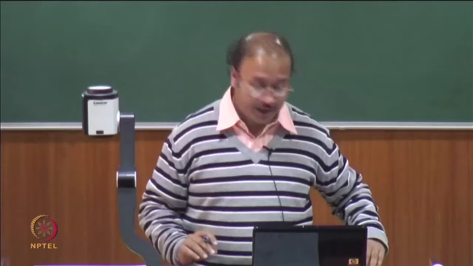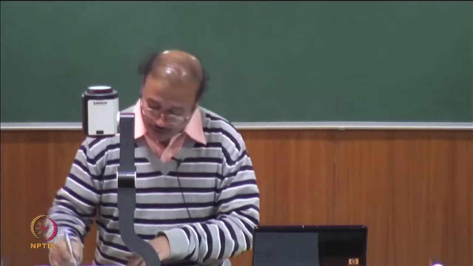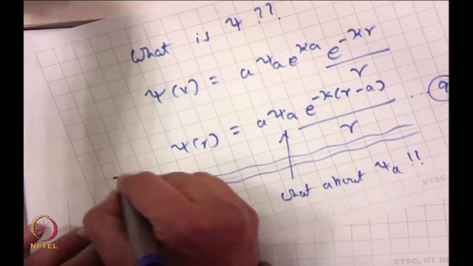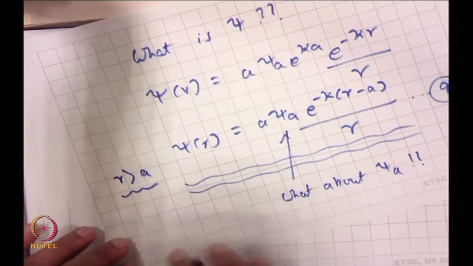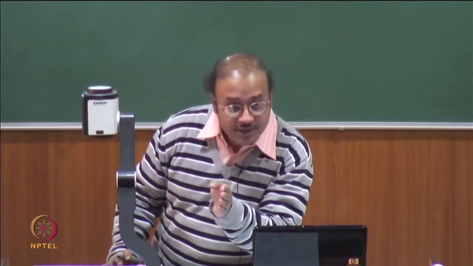Instead, I will just give you a number which I have, and before I go there, I just want to make a point. When I am looking at this equation, please make sure the condition is that r is always greater than a. That means at no point am I within the protein; I am always looking at something at or beyond the surface of the protein.